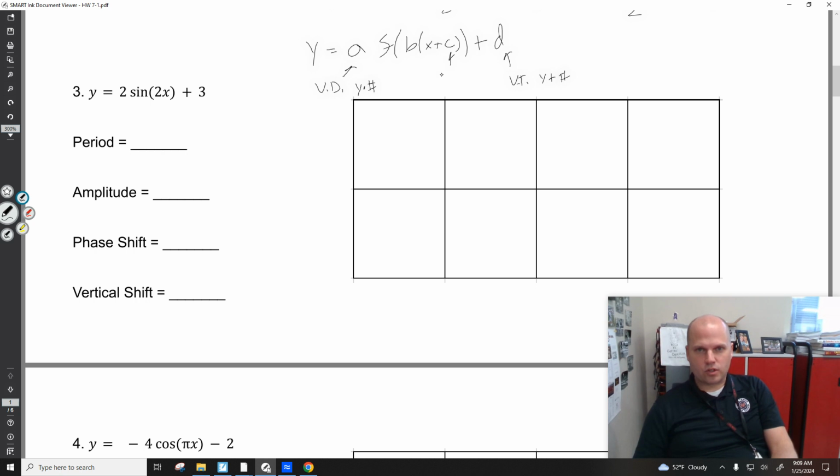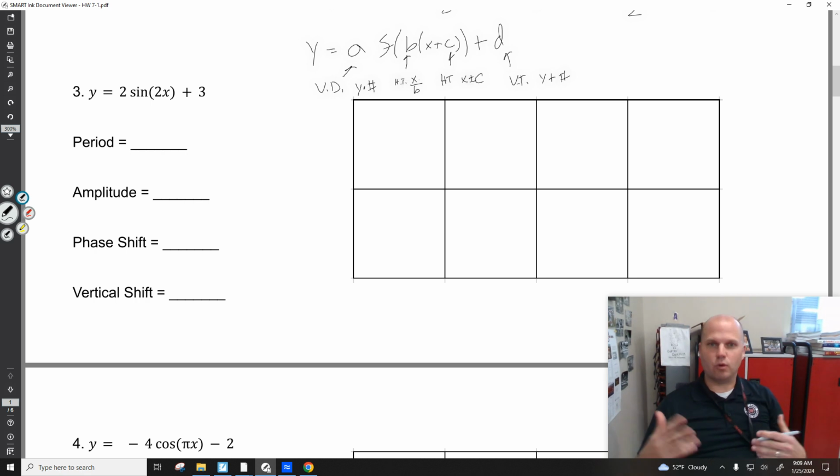C is a horizontal translation. It's going to be opposite of what we think we're going to do. We're going to add or subtract our x's, opposite of what we think. And B is a horizontal dilation, which will take our x's and multiply them by the opposite of what we think, or we're going to take the inverse. So it's like we'll divide them by b.